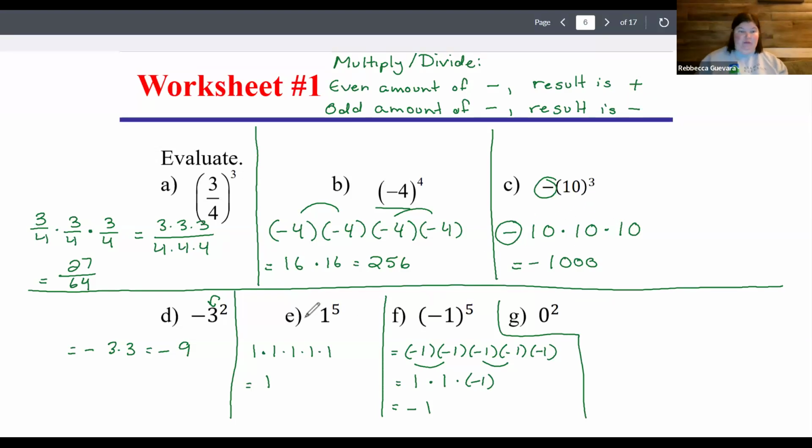As you saw here, we had a negative 4 raised to the power 4, so we had negative 4 four times. We had an even number of negatives, so our result was positive. Here we have 5 negatives, and the result is negative. The last one, 0 raised to the power of 2, is just 0 times 0, and 0 times anything is just 0.